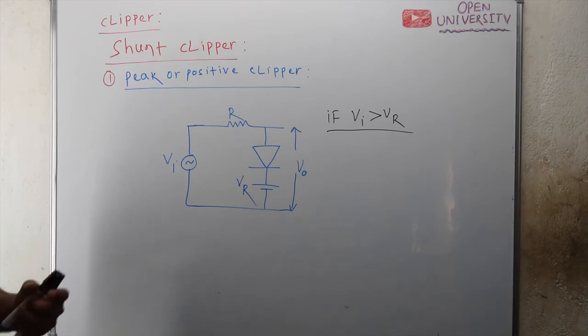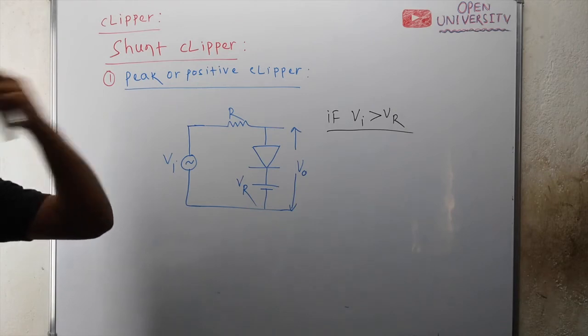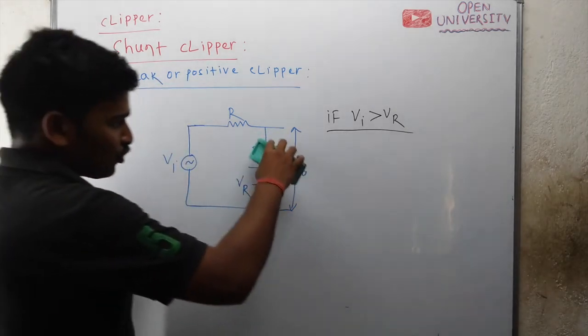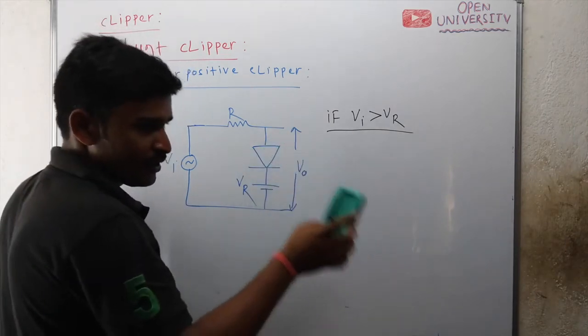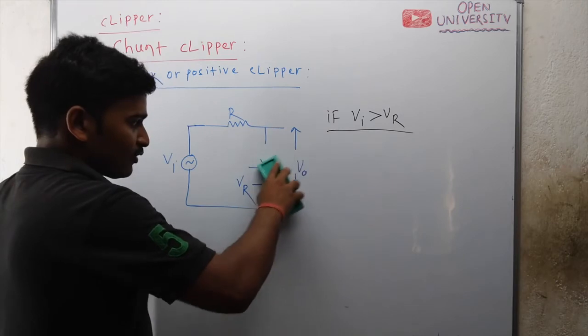in order to understand the circuit, first assume that initially your diode is open circuited. To know whether the diode is forward biased or reverse biased, you first make the diode open circuited.